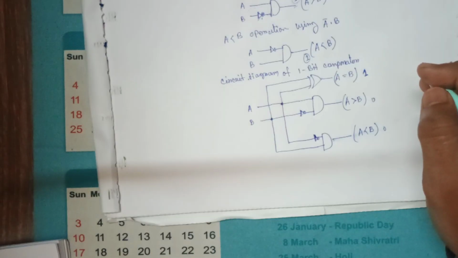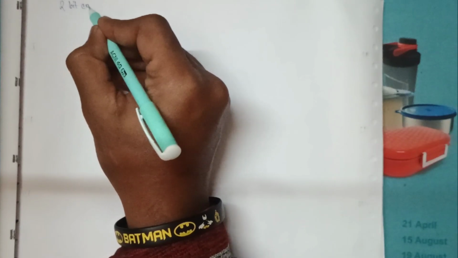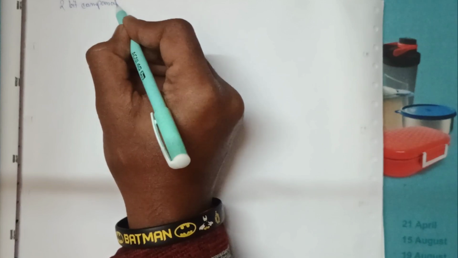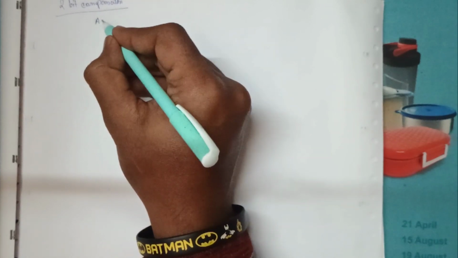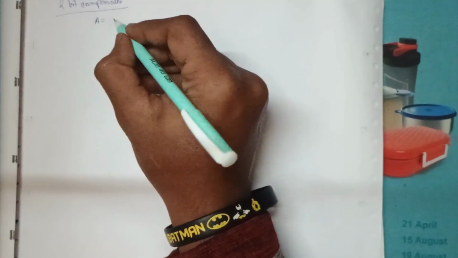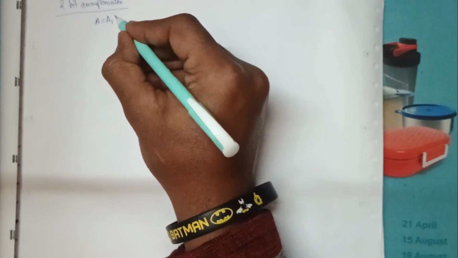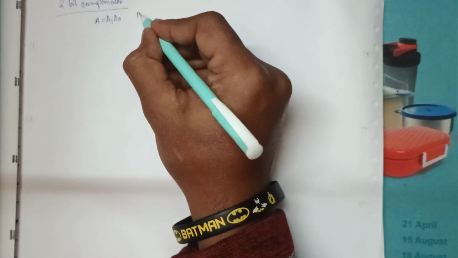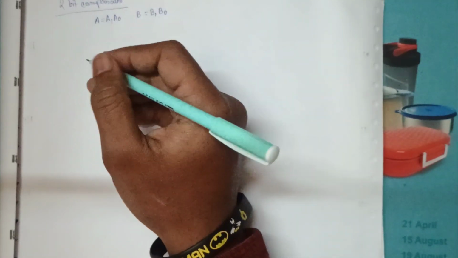Now let's go to the 2-bit comparator. For 2-bit comparator, there will be 2 bits. For A, this will be A1, A0, and for B, this will be B1 and B0.